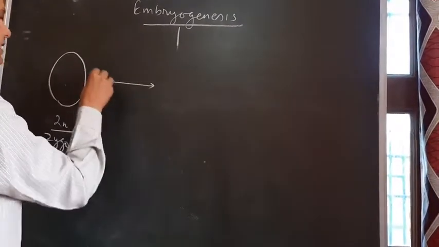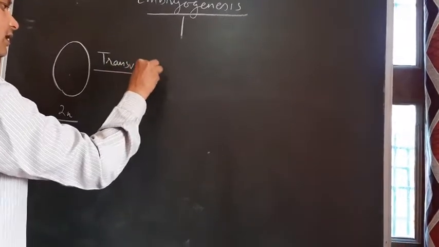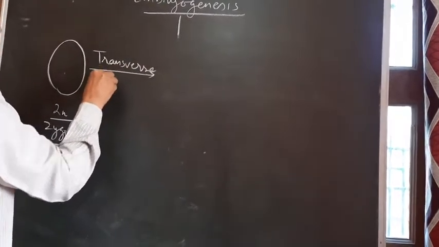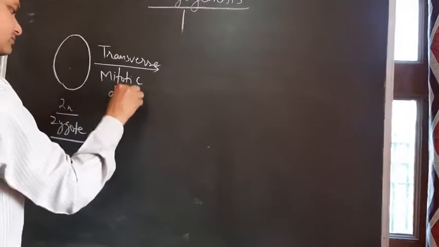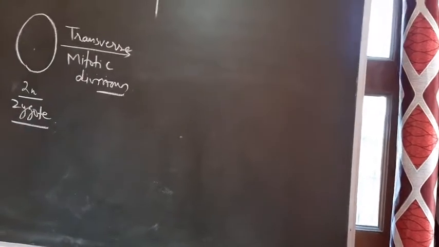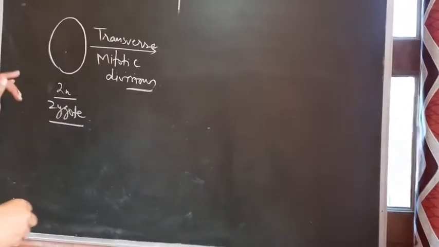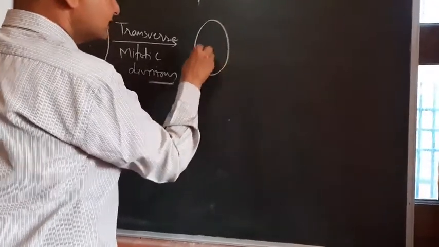So it starts with transverse mitotic divisions. They take place, and one mitotic division will result in the formation of a two-celled stage.